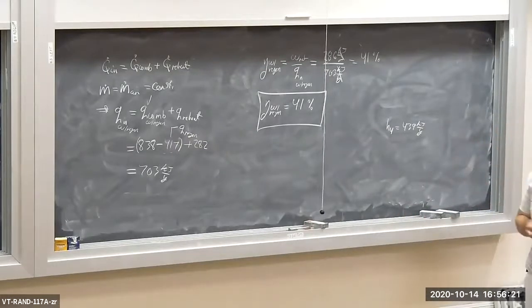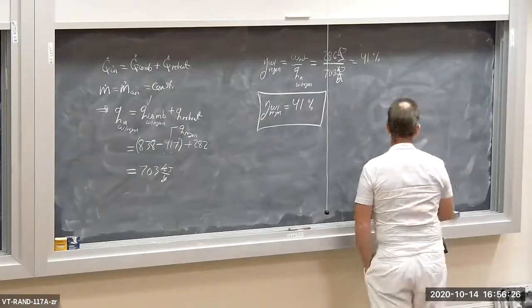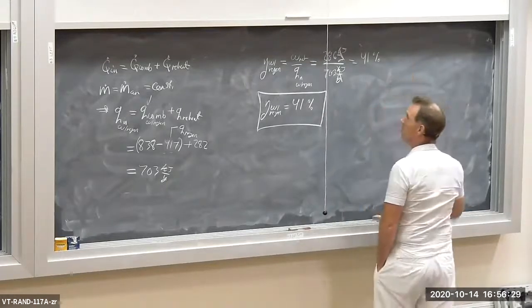How close is this efficiency to that of a Carnot cycle operating between these two temperature limits? So let's say we have a Carnot cycle.